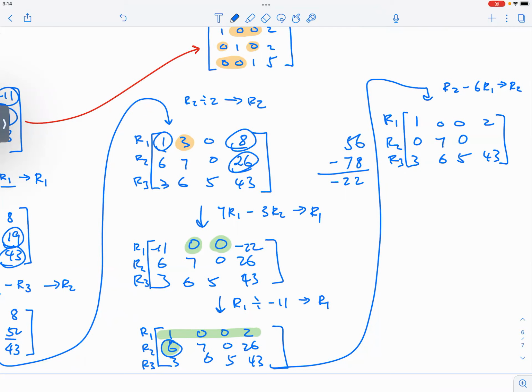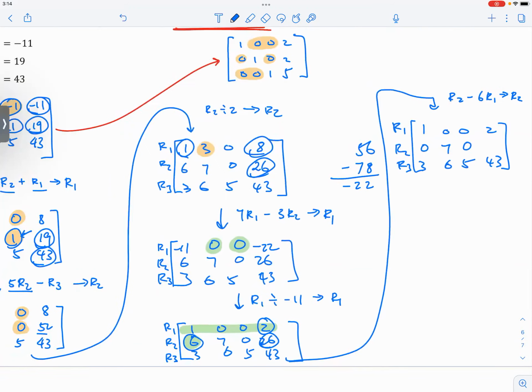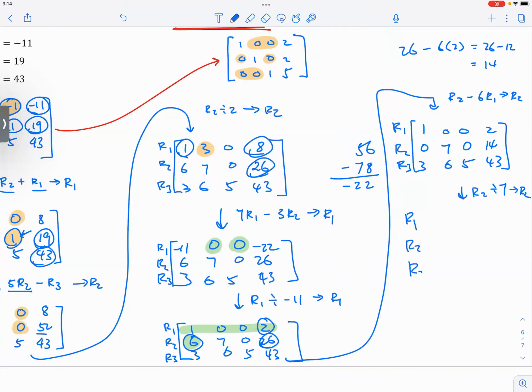And then 26 minus 6 times 2, which is 26 minus 12, and that is 14. Okay, and now we say, hey, that's wonderful because we can simply divide the R2 by 7. So we are one step closer.